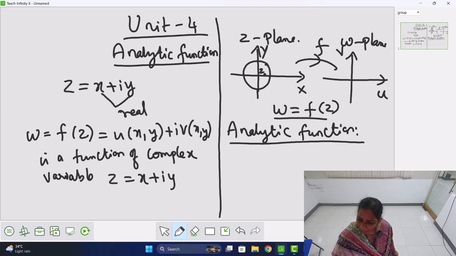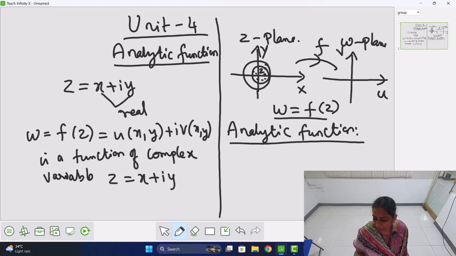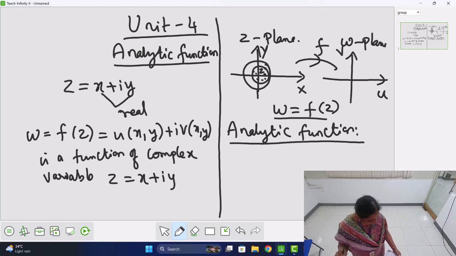It should have a derivative at z naught, and not only at z naught but also in the neighborhood of z naught. Whenever this condition is satisfied, we say the function f of z is analytic. Again, a function is analytic at z naught if it has a derivative at z naught and also in the neighborhood of z naught.